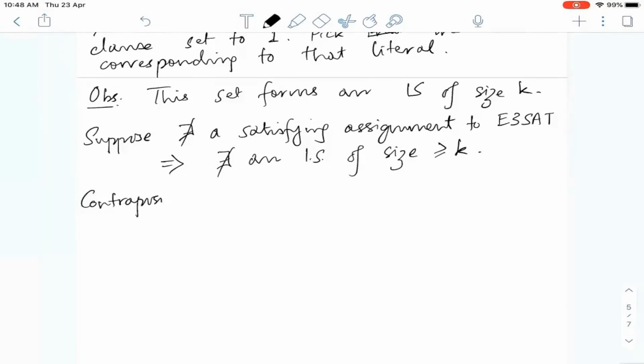The contrapositive is: a yes instance for IS implies there exists a satisfying assignment for E3 SAT.